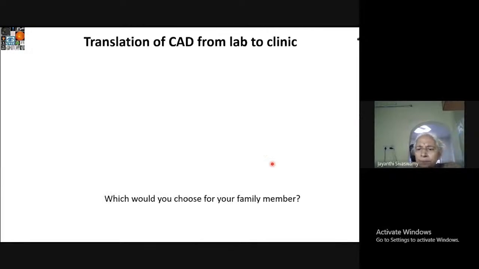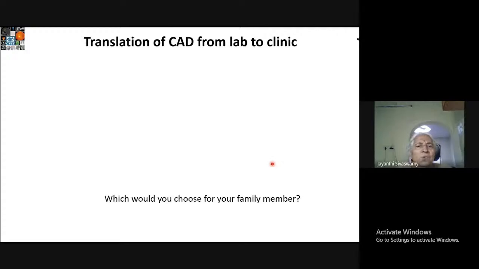Now, as I said, very few CAD solutions are being translated. Let me give you 2 options. There is a DL model, image goes in, decision comes out, and the same image is given to a clinician, and the clinician also gives you a decision with some explanation.